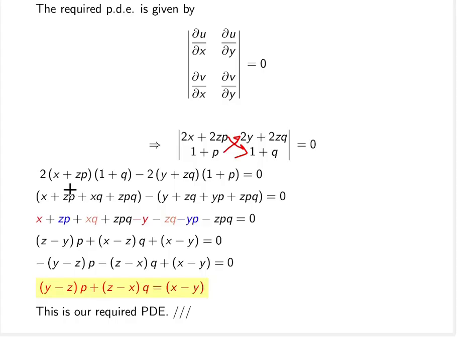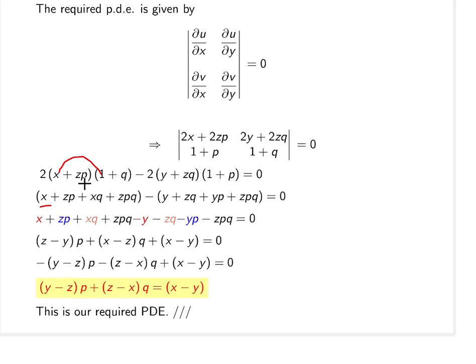Two times of this, so we commonly bring the 2 outside, and it cancels, since 0 divided by 2 is 0. Now multiply: x into 1 is x.